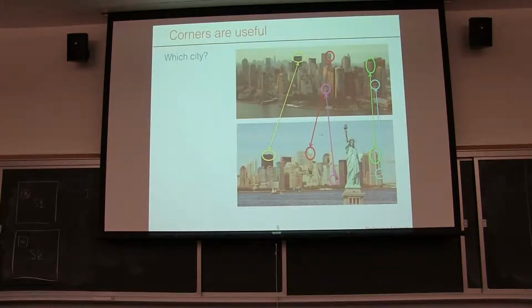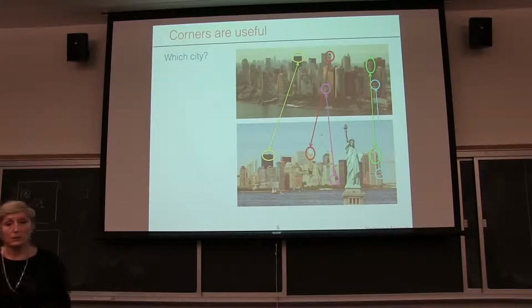So I have these features, right? And hopefully now I have features over here too, right? Because I have worked so hard to have this detector that finds corners. So let's say this is the tip of this tower over here and the tip of that tower there is the same, right? So how would you use these features now to do the matching?